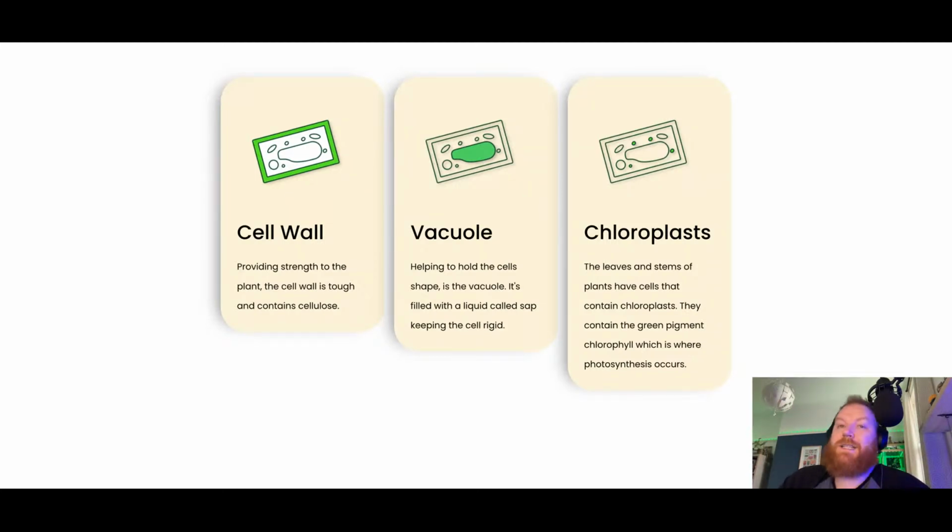So, specifically, the plant cell has the cell wall, the vacuole, and chloroplast, which is where photosynthesis occurs. More specifically, the chloroplasts are filled with chlorophyll, which is a green pigment, which is where our actual photosynthesis occurs.